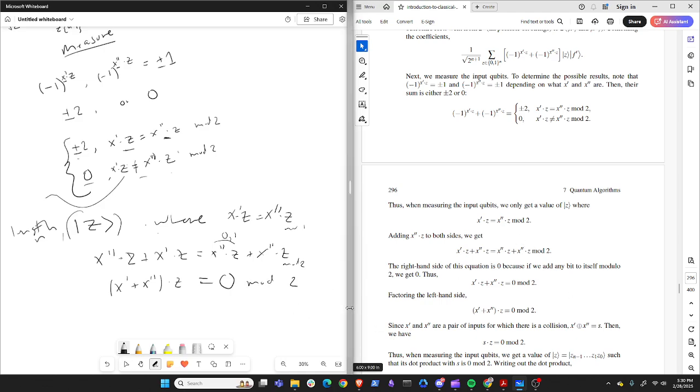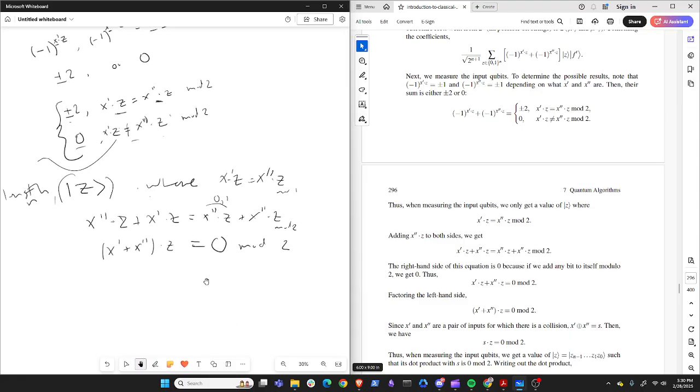So since x prime and x double prime are a pair of inputs for which there is a collision, in other words, as we were discussing earlier, f of x prime equals f of x double prime.